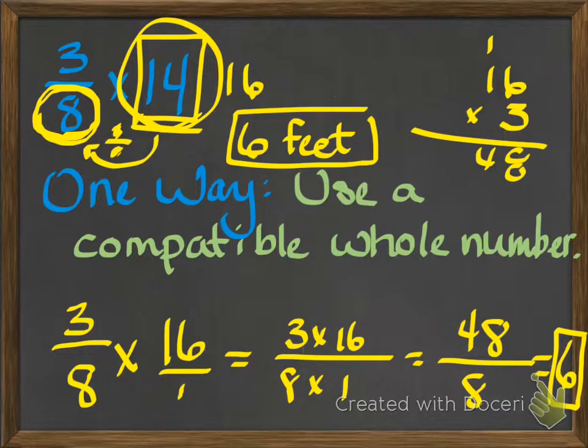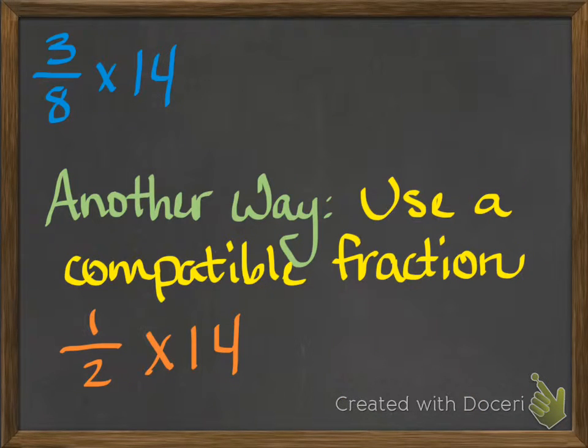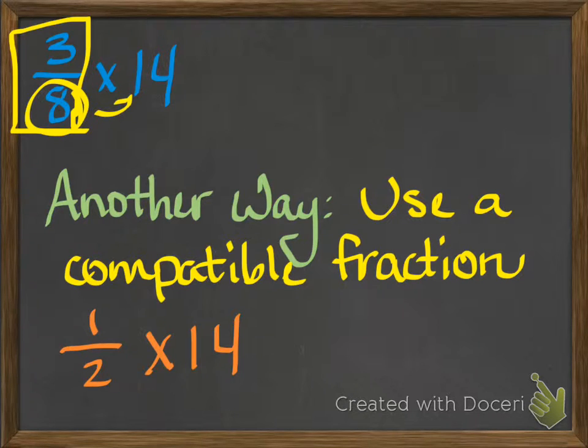Another way you could do that is to make a compatible fraction. This time, instead of changing the whole number, I'm going to change the fraction to a compatible fraction that gives me a denominator that's easily divisible into 14. I thought, well, 3/8 is really close on the number line. I'm thinking about my number line here.